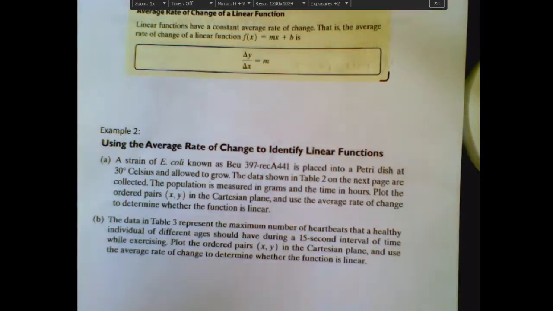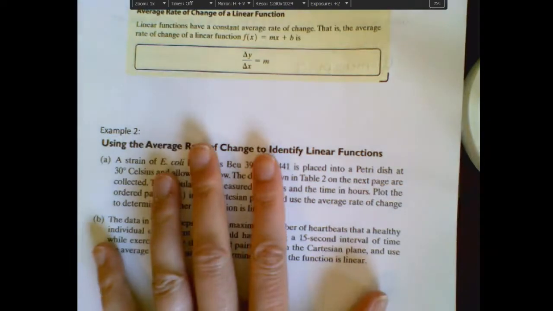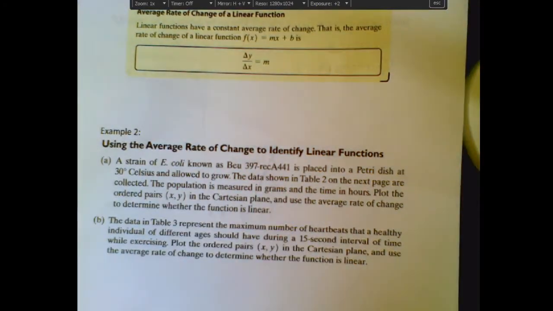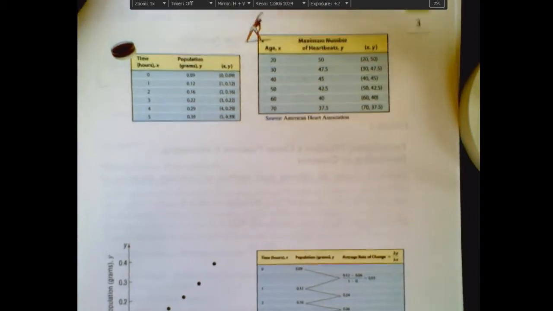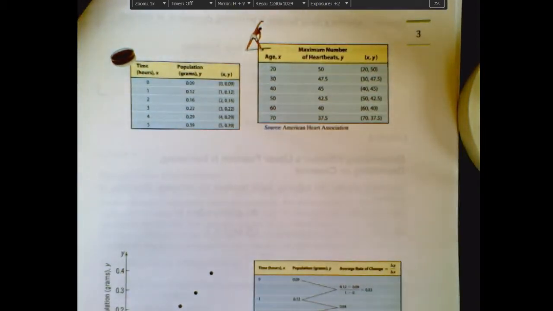These are two more word problems to take a look at. Are these linear functions? I'll let you take a look at these and then flip over to the next page because it's going to show them in a table form. So we look at these in a table form. It's a little easier to see than that breakdown of that big old word problem.